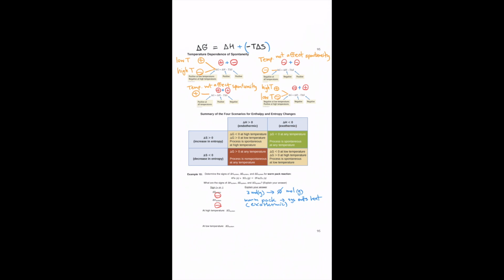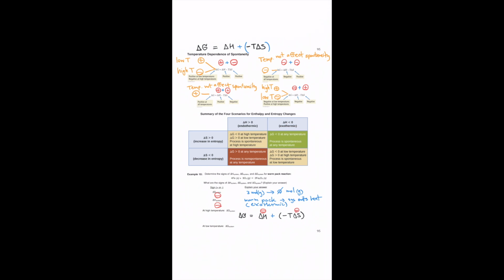To determine the delta G sign, I'm going to use the delta G equation, which is delta G of the reaction equals delta H, and I'm going to separate this by the addition so that it's easier for me to see how the temperature affects it, minus T delta S. Okay, and we know that delta H is negative, and we know that delta S is also negative.